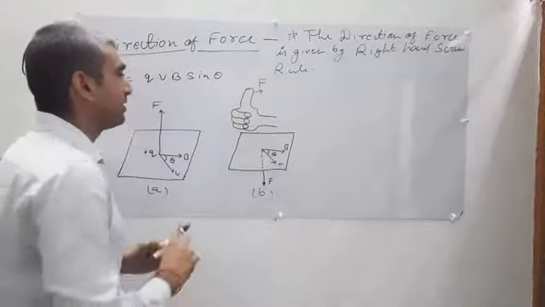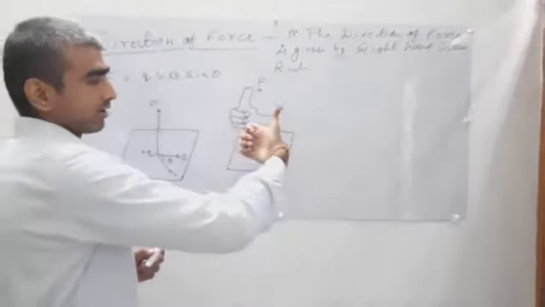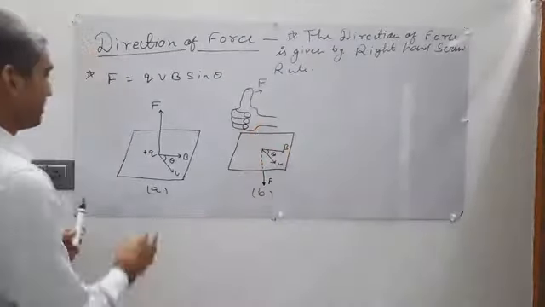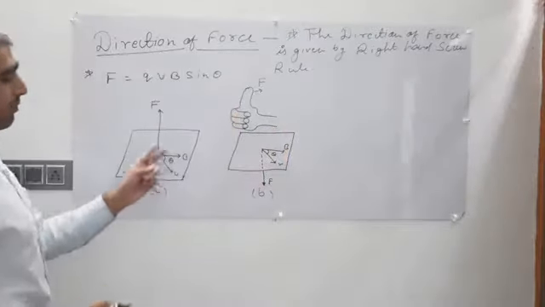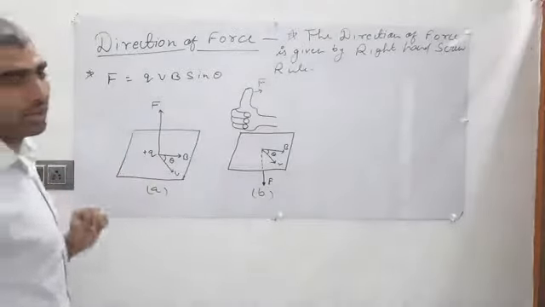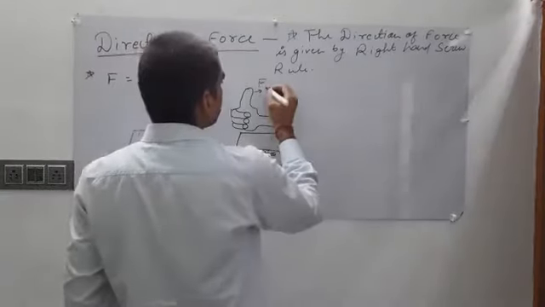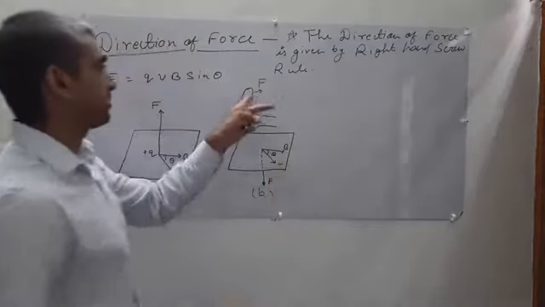The folded fingers represent the plane, that is, the magnetic field and velocity in this plane. That means this is the direction of force represented by the thumb.